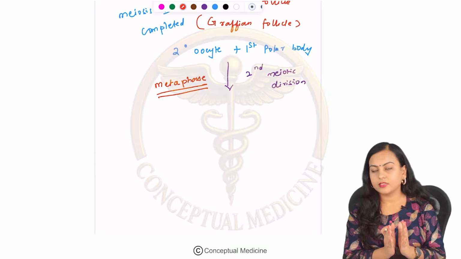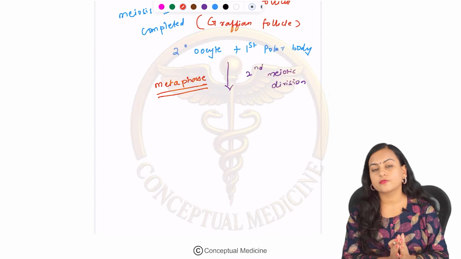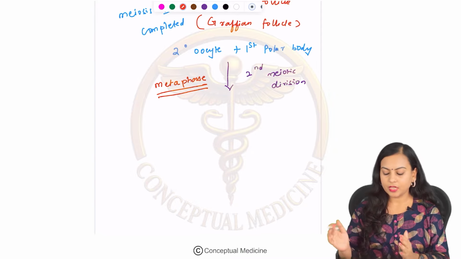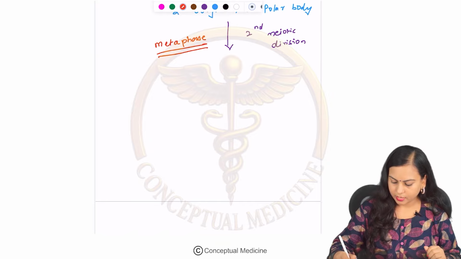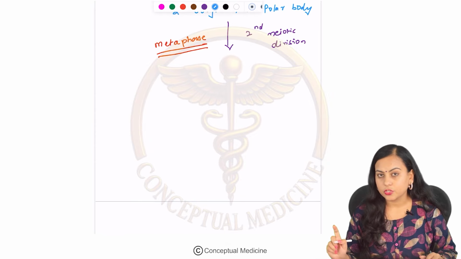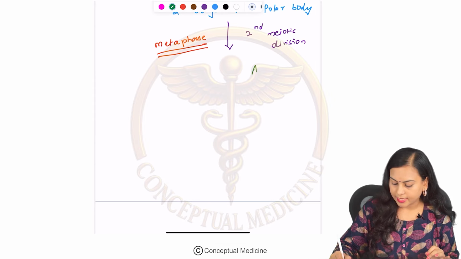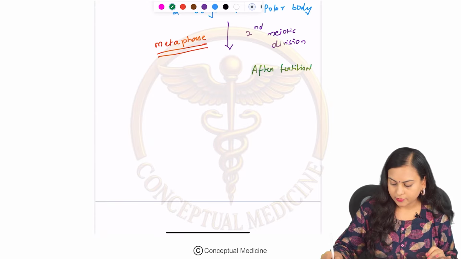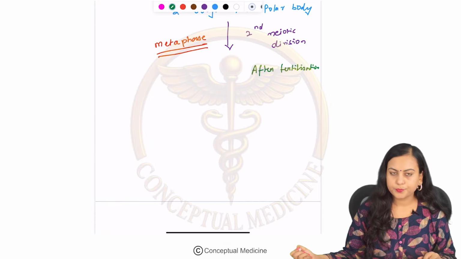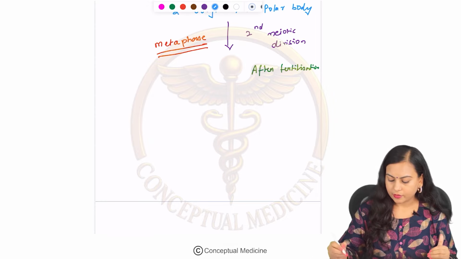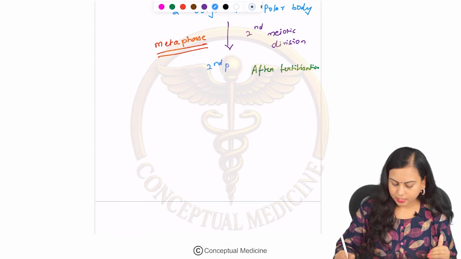Then after the tertiary follicle is formed, it will halt at the metaphase stage. This second meiotic division will get completed only after fertilization, and then there will be release of a second polar body.